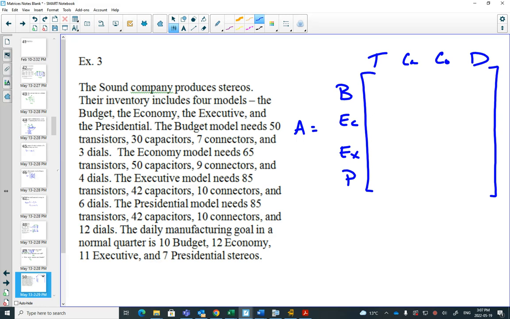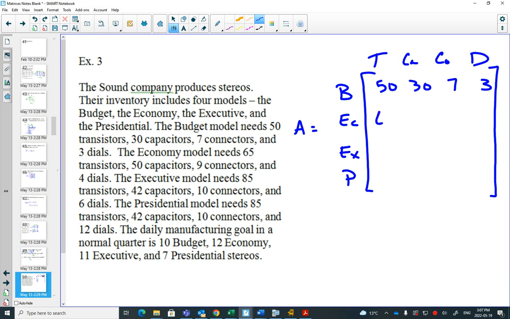Now, had you made this first 4x4 matrix with the budget, the economy, executive, and presidential across the top, it wouldn't be wrong. It's just going to make a difference how we make all of the other ones after this. So now we have to put in our numbers. Budget is 50, 30, 7, 3.